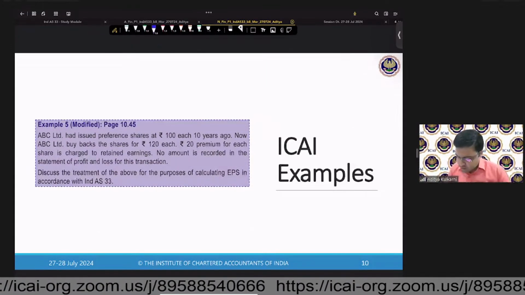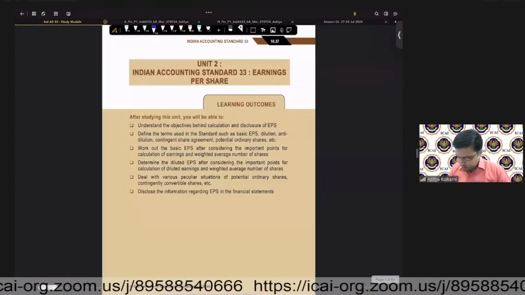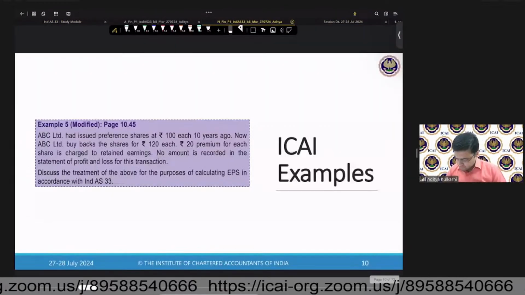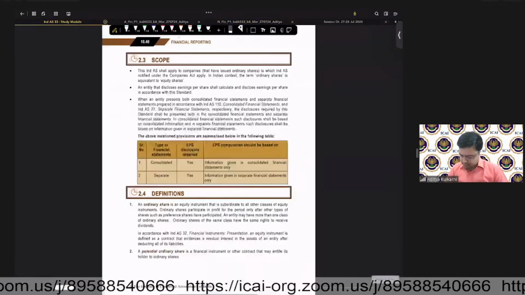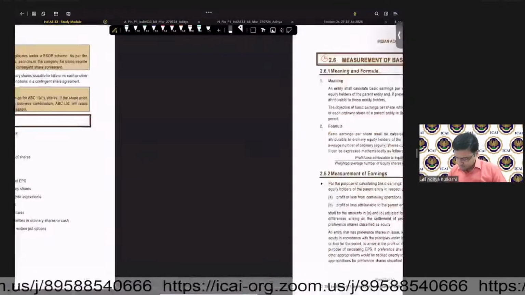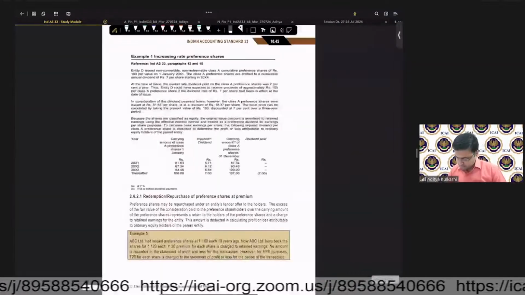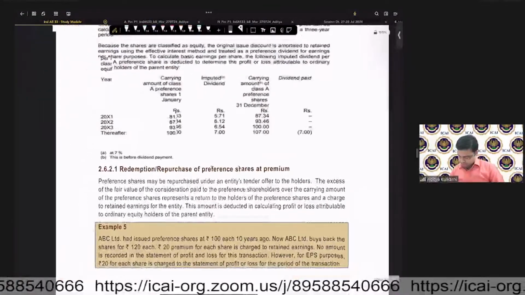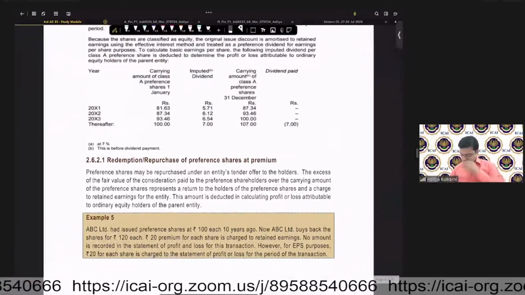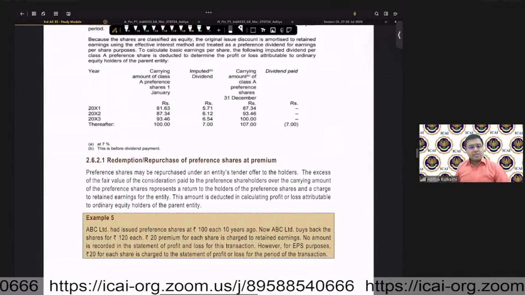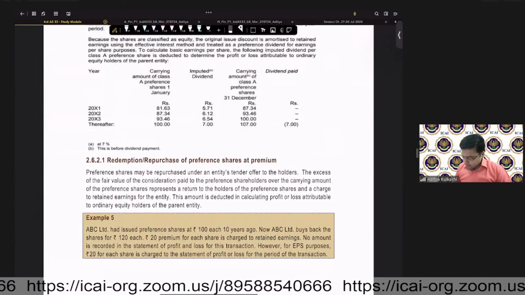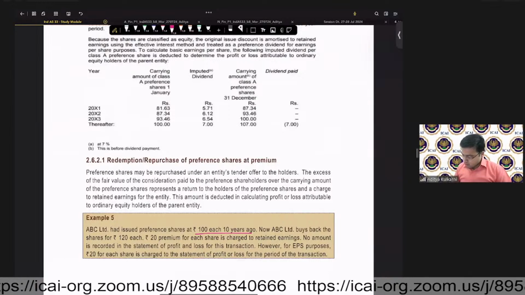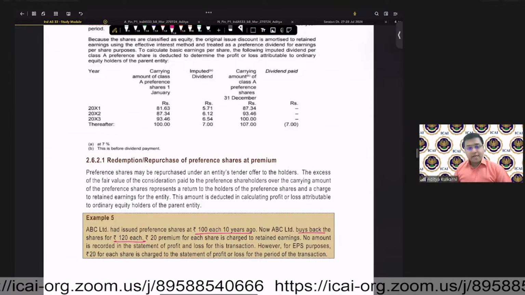So we come to certain questions which are there in your study module in this regard. So page 10. ABC Limited had issued preference shares at 100 rupees each 10 years ago. Now it does a buyback for 120 each.